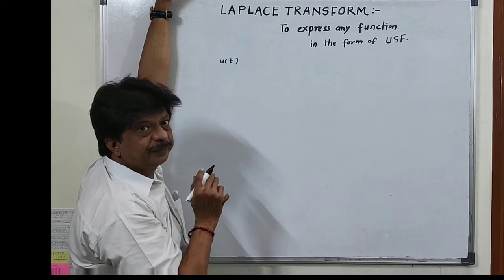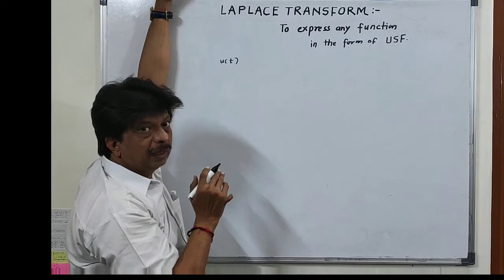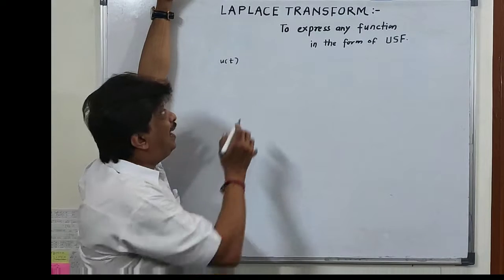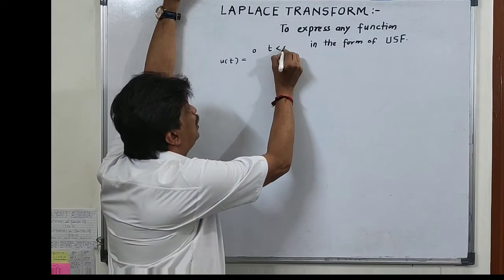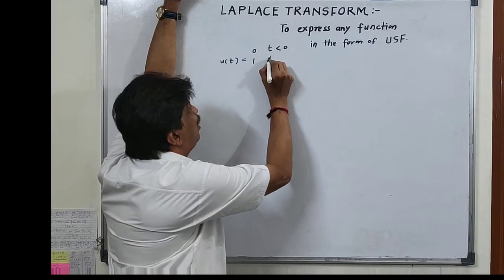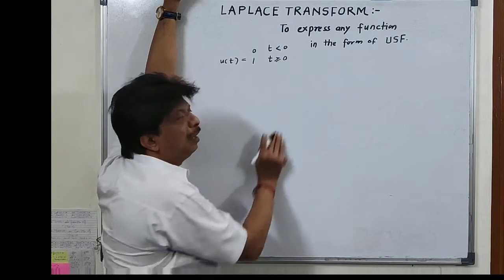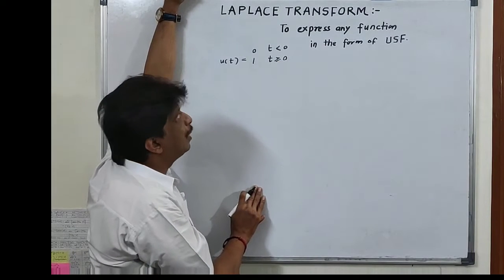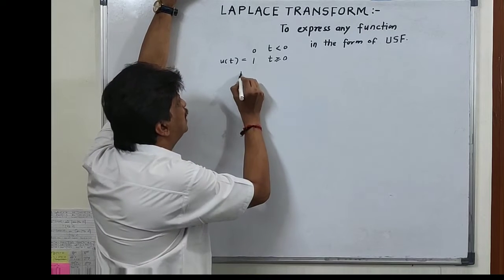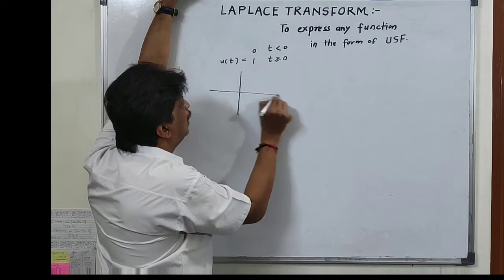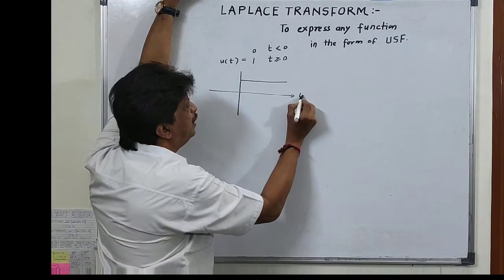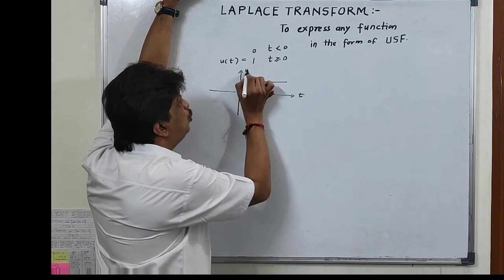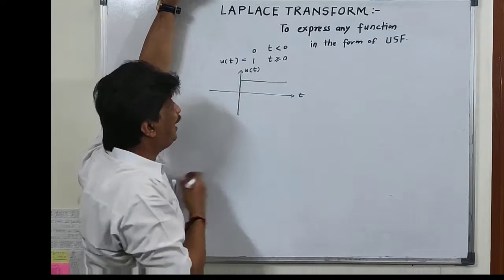It is defined as 0 when t is negative and equal to 1 when t is non-negative. Its graph is like this, up to infinity. This is the t axis, this is the u of t axis.